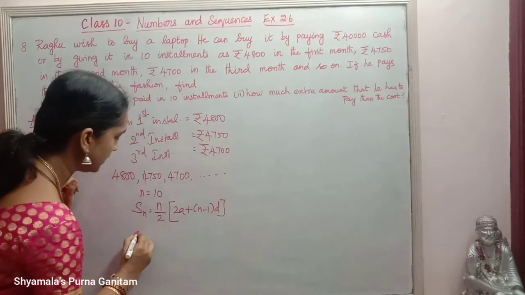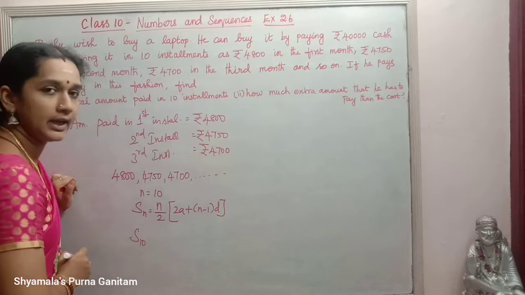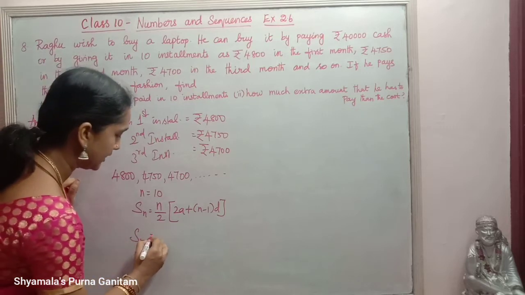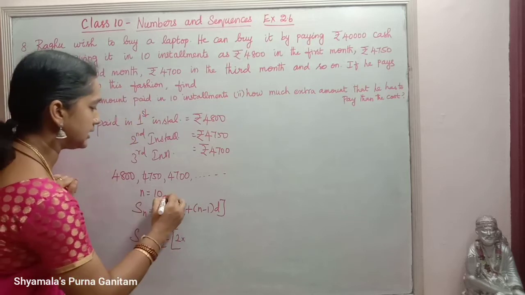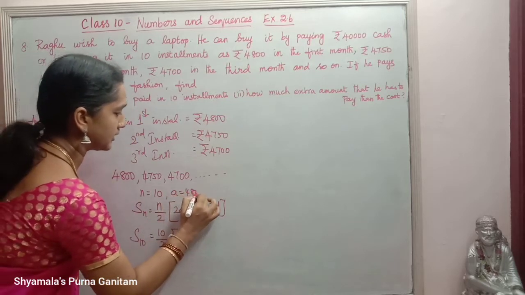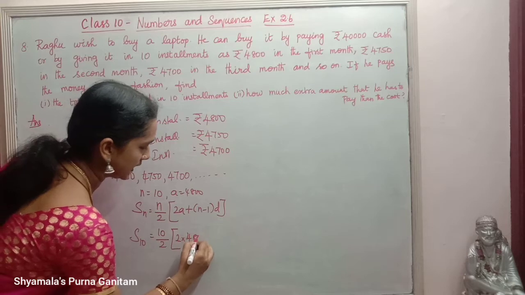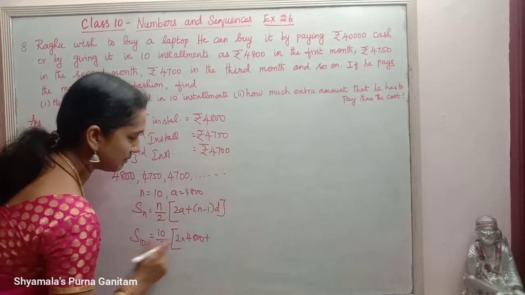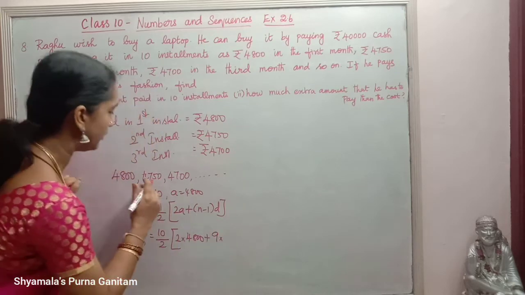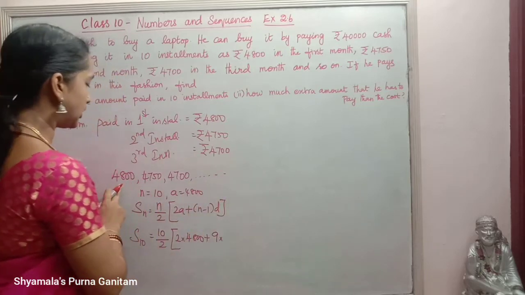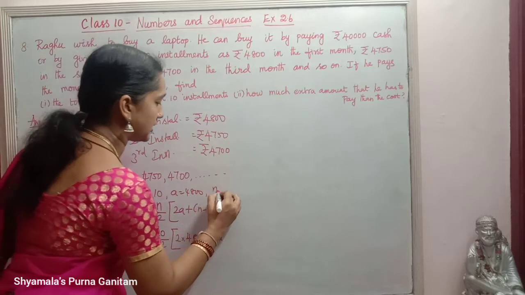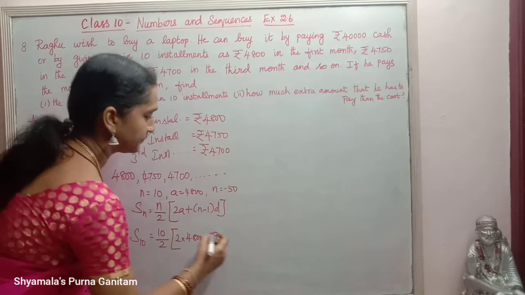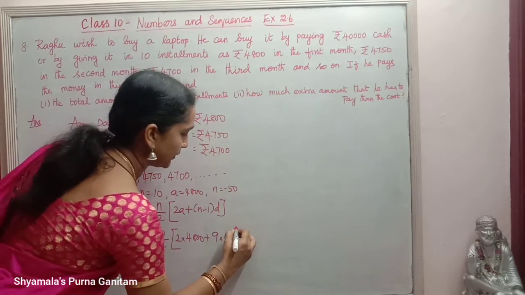So here, n is 10, so S10 is equal to 10 by 2 into 2 times 4,800 plus (n minus 1), which is 9, into the difference d. The difference is 4,750 minus 4,800, so d is minus 50.